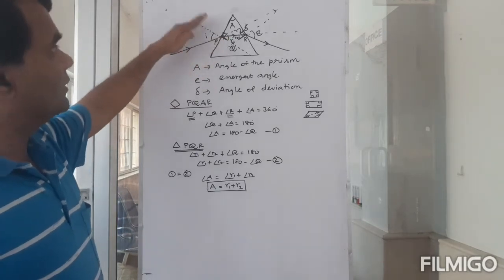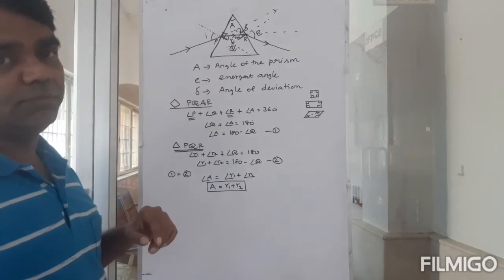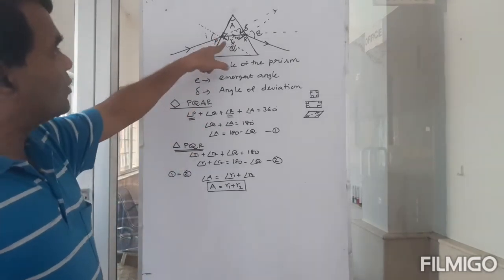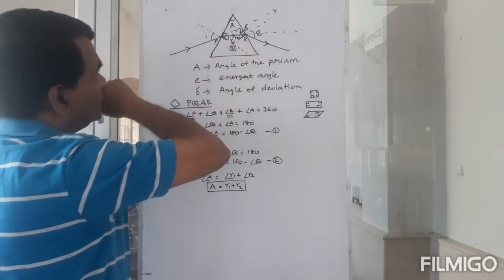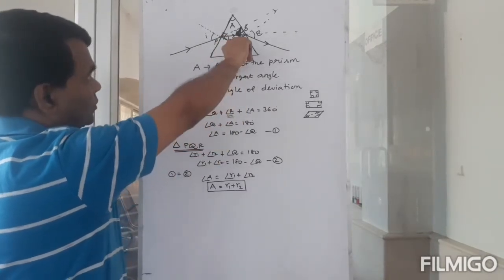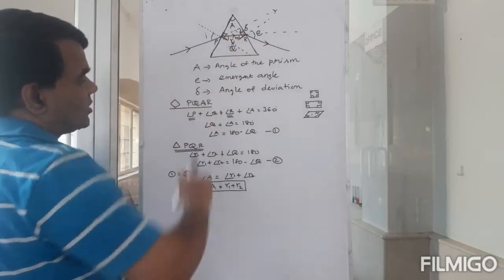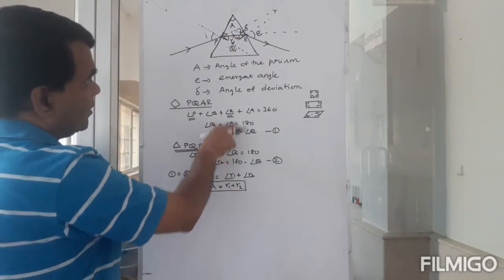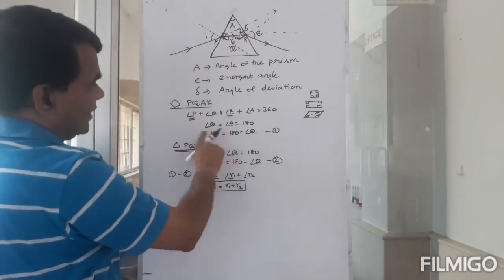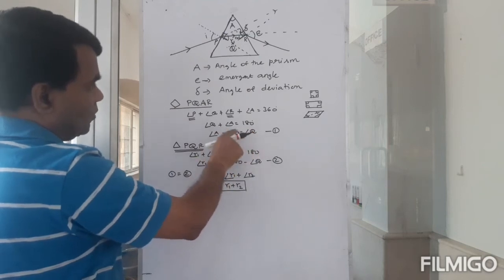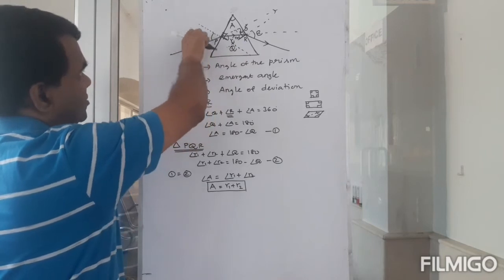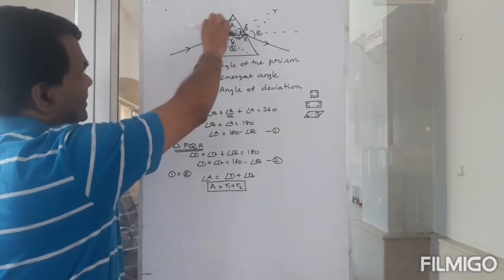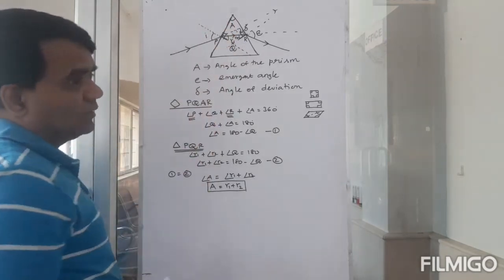Q is always a constant. Why? Because Q is always 180 minus A. So it's a constant. R1 can change based on I.